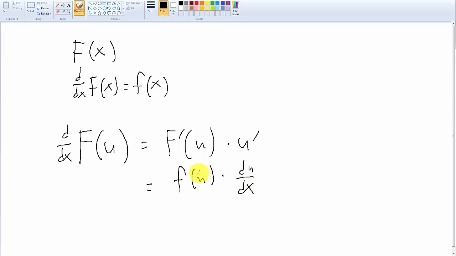So this tells us if we start with little f of u times du dx, and we integrate with respect to x, then we get back to this original here, just capital F of u, and the du dx disappears. So let's look at some examples of this.